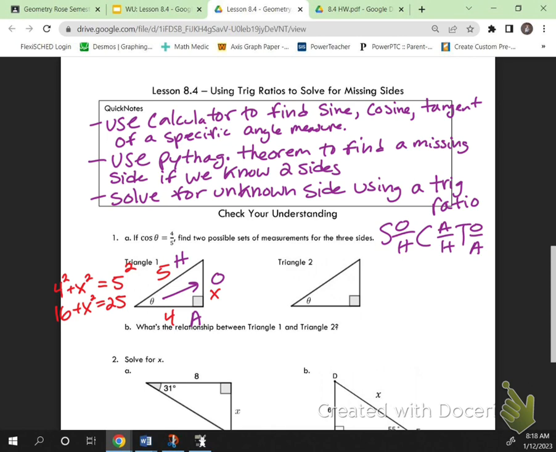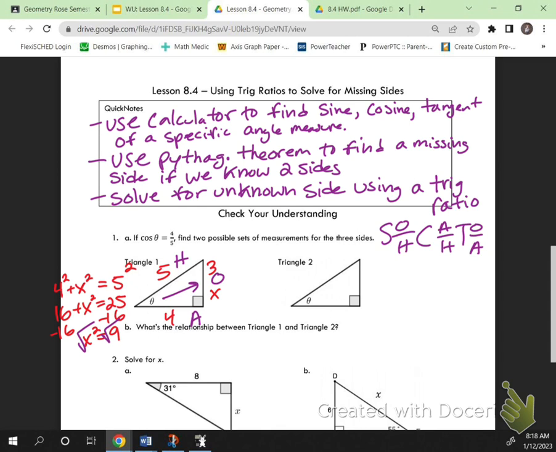We're going to subtract 16 from both sides. X squared is 9. So then what's our final answer? What do I do to get rid of an x squared? We square root. So that means this side is really 3.